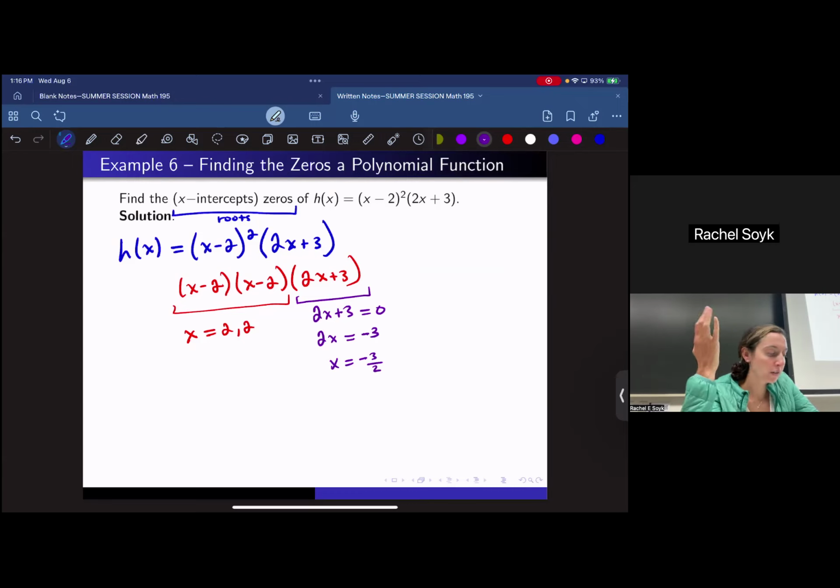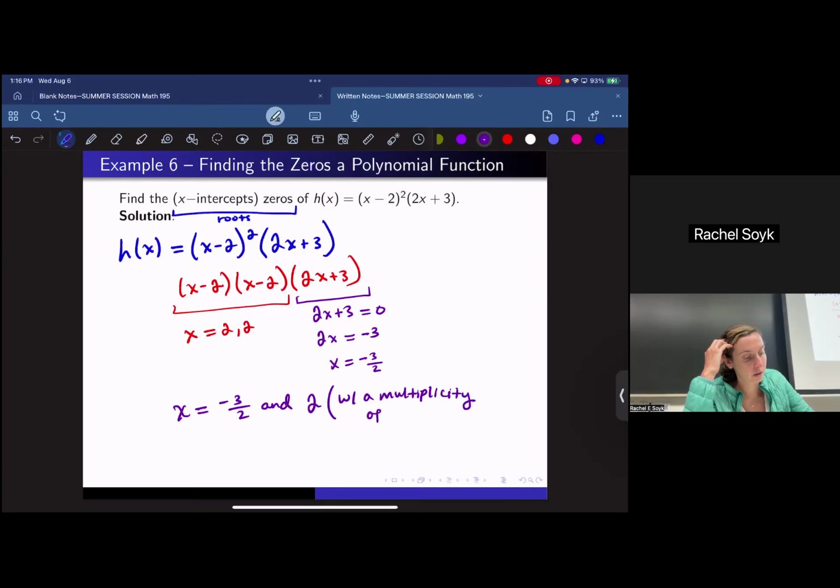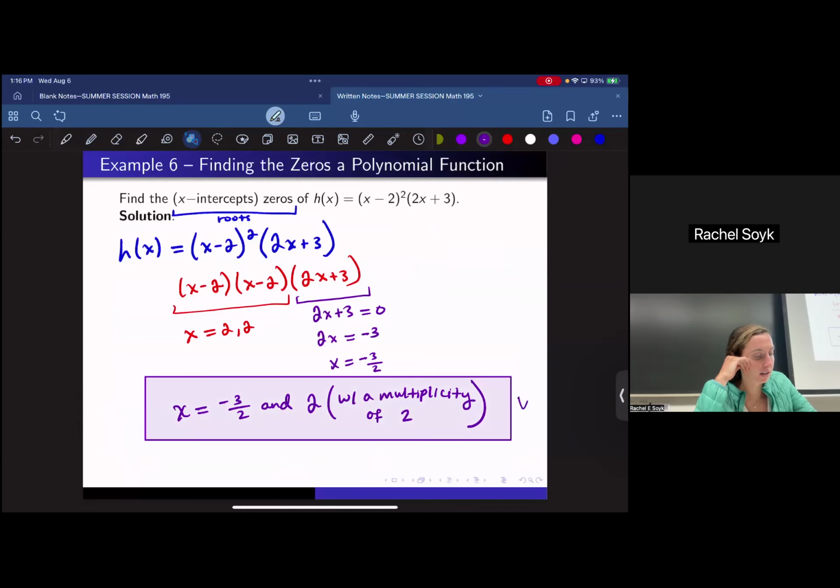So all of our zeros are x equals negative 3 over 2 and 2, and I'll put in parentheses a multiplicity of 2. So at 2, you're going to have a little bounce that occurs off of the x-axis. That's it.